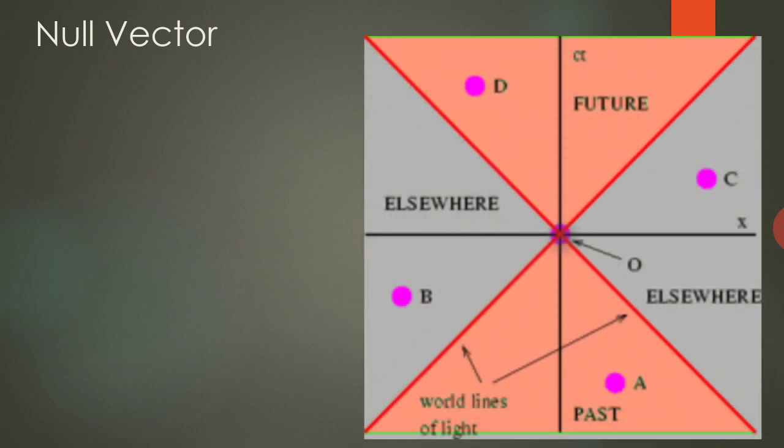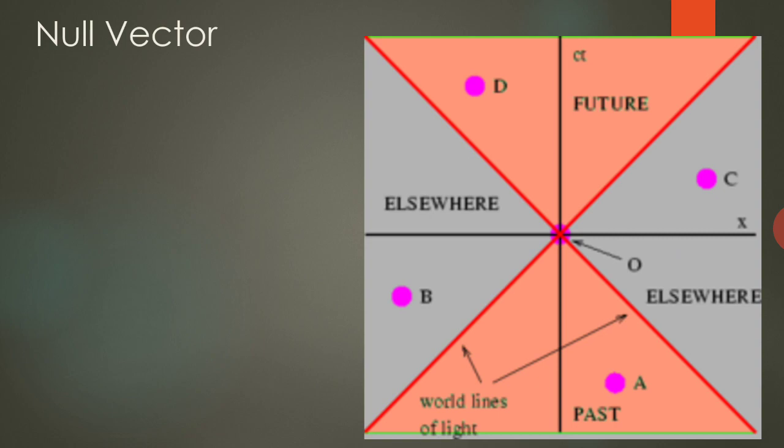Now coming to the 4-vector notation in Minkowski space. Here I am representing a one-dimensional motion of a light ray along the positive x direction and negative x direction, and the light cone plot is now along the y-axis.